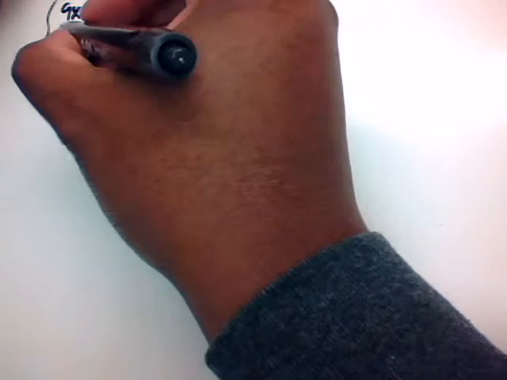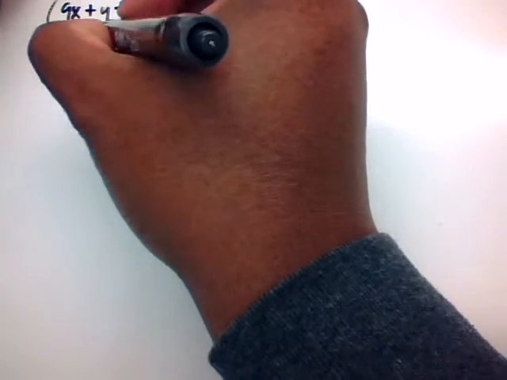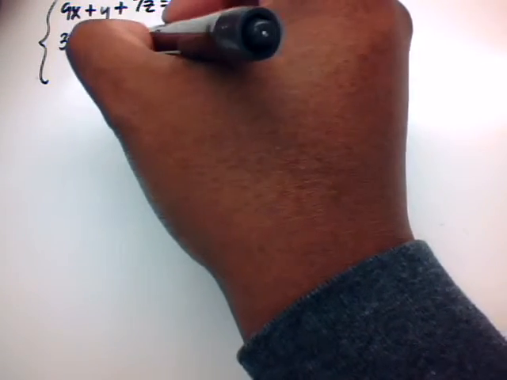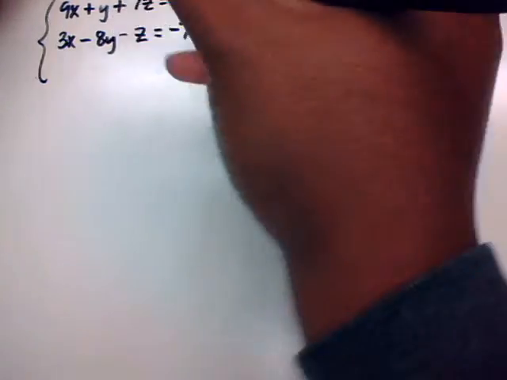So I'm going to erase this here, and we're going to write down that system of linear equations that we have here. 9x plus y plus 7z equals 4. Then 3x minus 8y minus z is equal to negative 7.